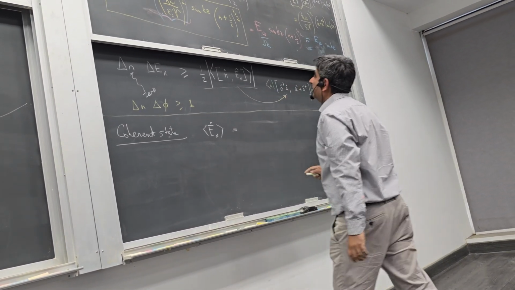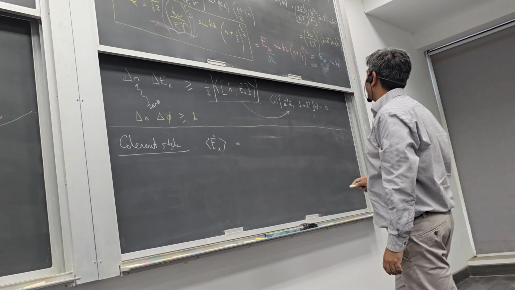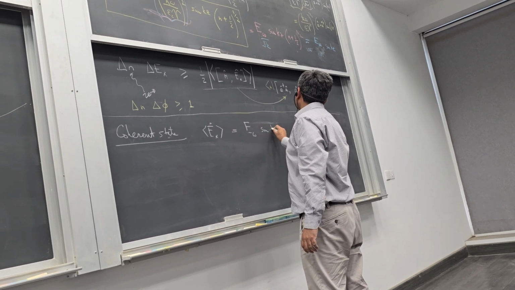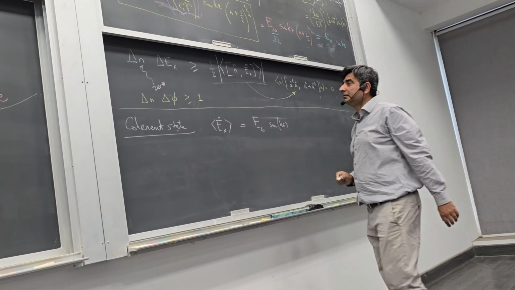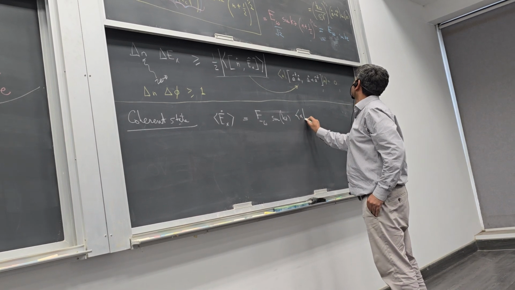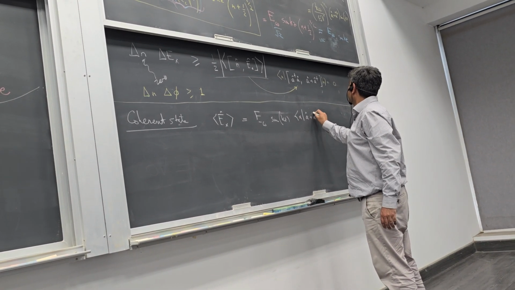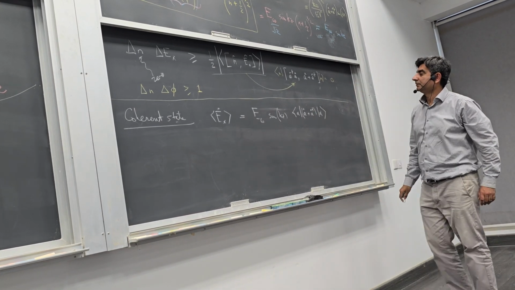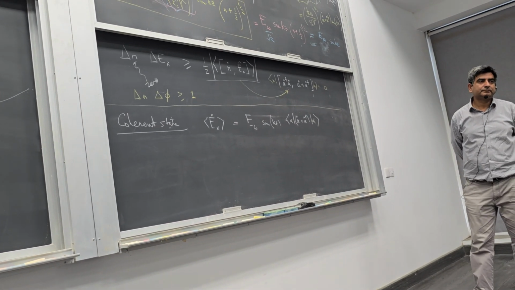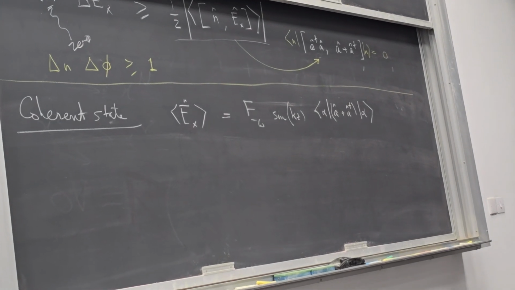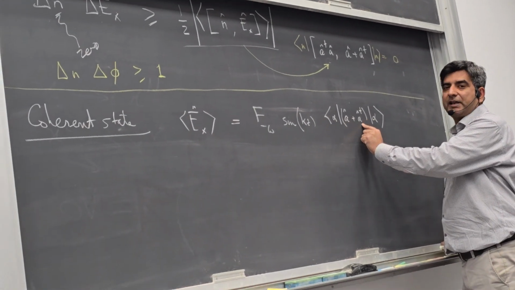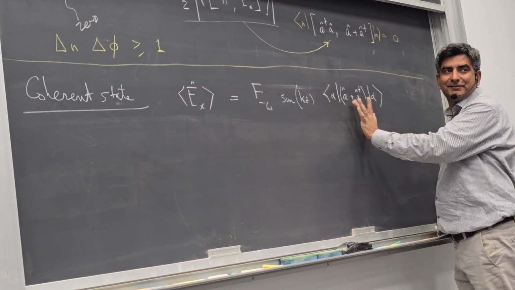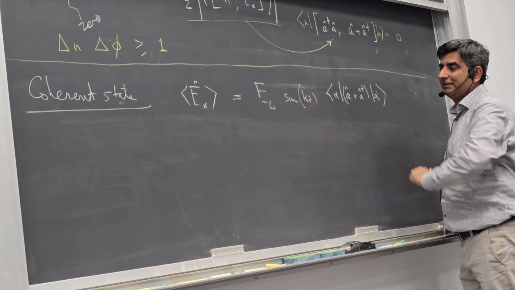So, square root of h bar omega over epsilon naught V, I call this E omega, sine kz, alpha, a plus a dagger. So this gives me alpha, this gives me alpha star.